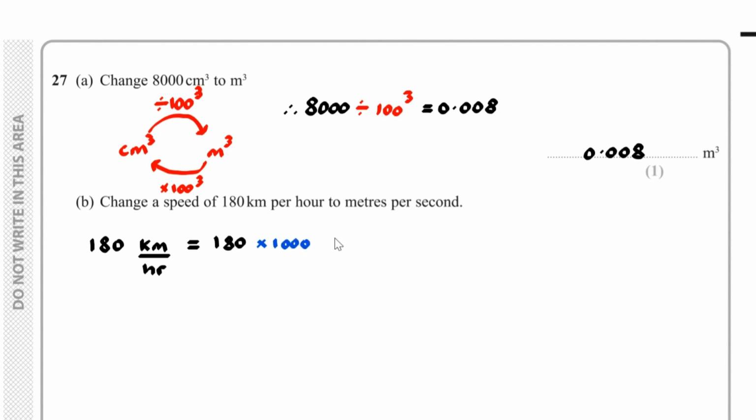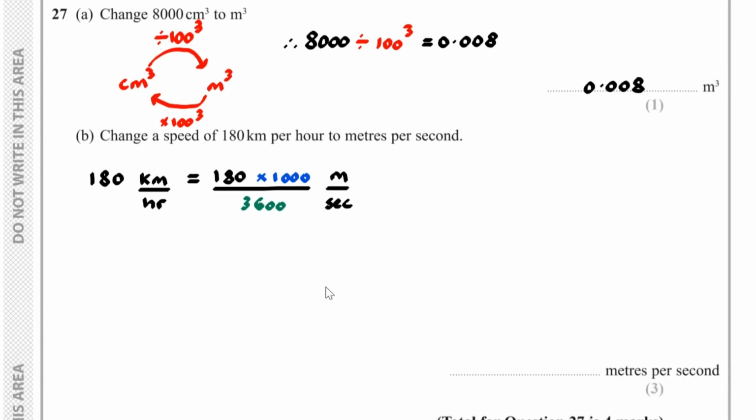That will convert this into meters. And then to convert this hours to seconds, we would then have to divide by 3,600. And it turns out, if we work this out, we would get 50 meters per second.